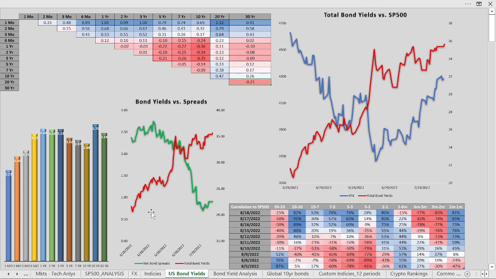The green line represents the spreads between each respective pair. So the 3.14 and the 3.35, that's a negative 0.21% spread. The 3.35 to the 2.88, that's a positive spread. And then we take a look at the 2.80 to the 2.97. So we add up all those spreads, and that's reflected by the green line, and that actually shows us that the spreads are contracting.